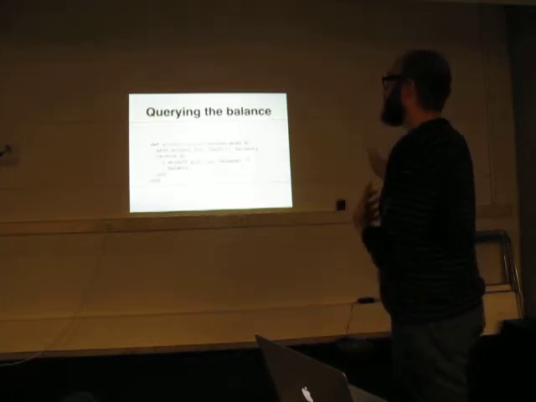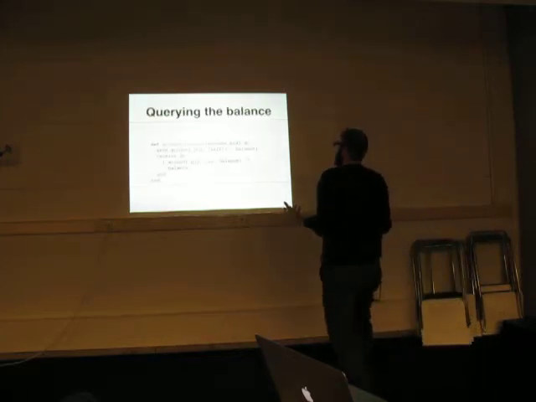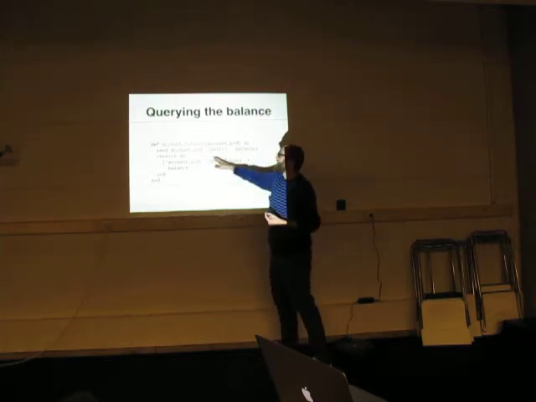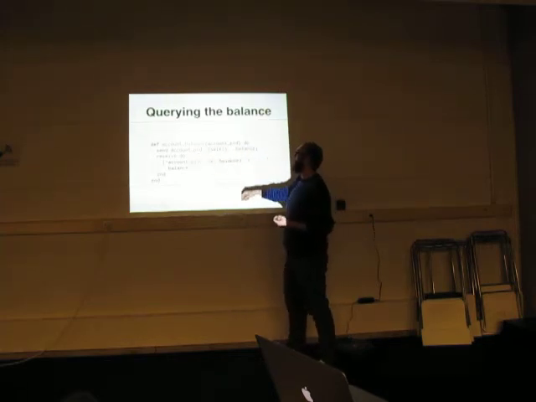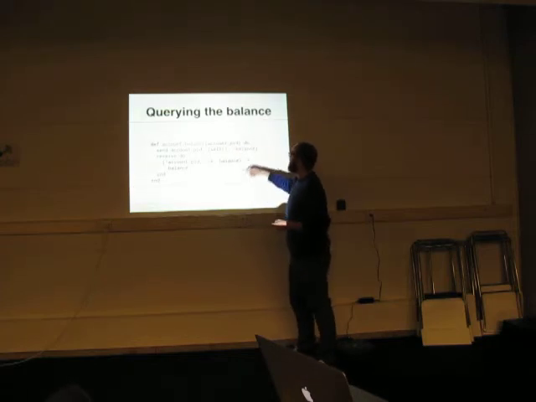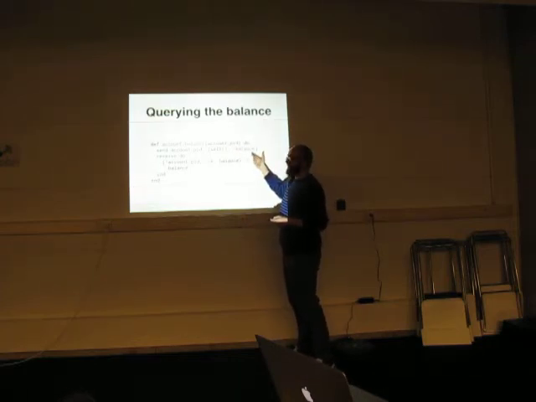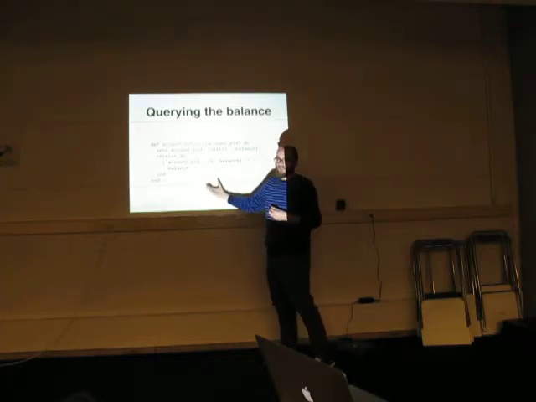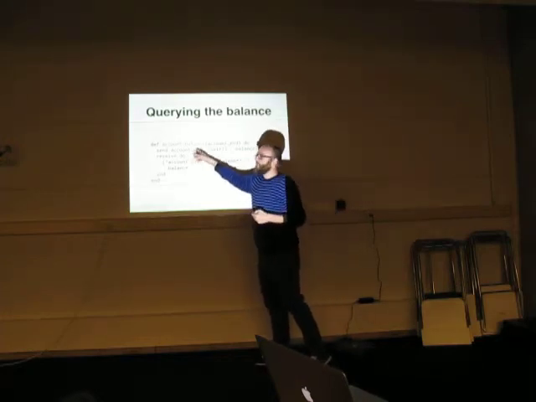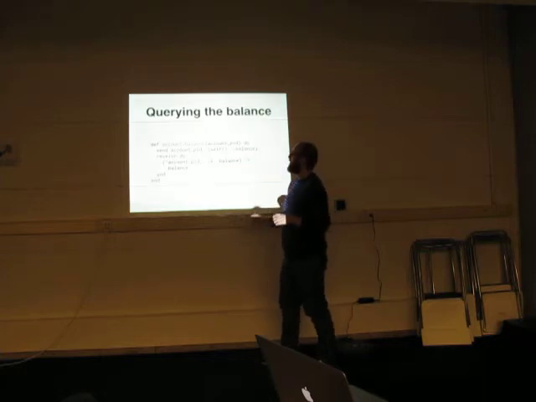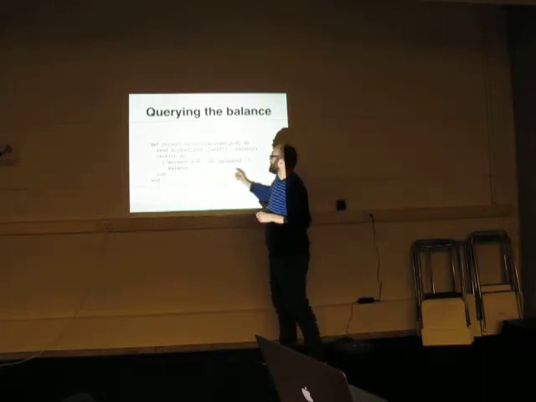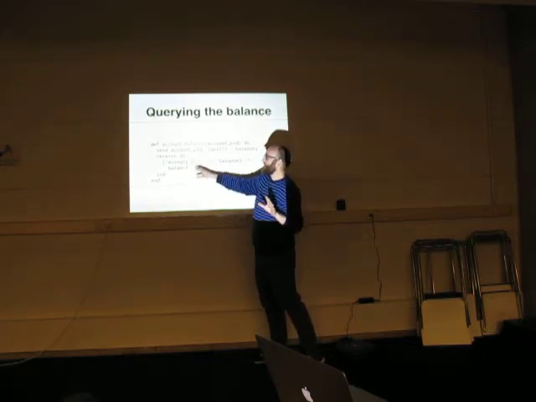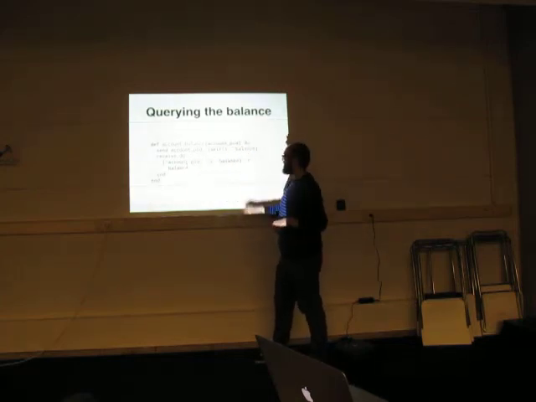What if we want to query the balance? First, we have to send a message asking this account process, hey, this is me, the client, please give me the current balance. This is synchronous, so we need to wait for the answer in this case. So the client says, okay, I'm blocking now, and I'm expecting to receive a message from this account. I will not go into the detail, but you need a little caret in this case.